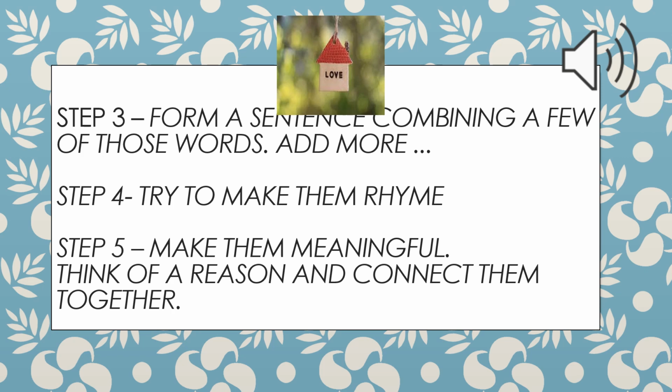Now that you have done step 4, step 5 is the easiest. Now you'll have to add a meaning. The poem has to be about something. You have to choose a topic. When you put the words, you could keep some topics in mind, what you're going to write the poem all about. It could be a funny poem, it could be a sad poem, it could be some poem with a message. It could be about something else that is disturbing you right now, or maybe it's about family.